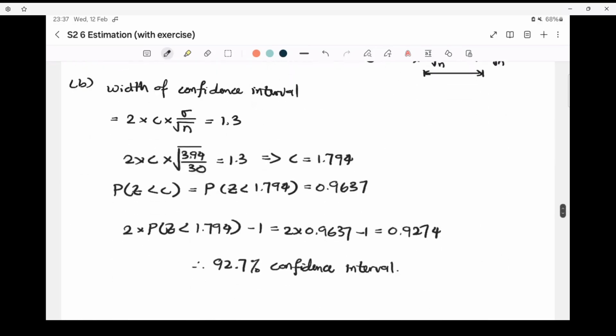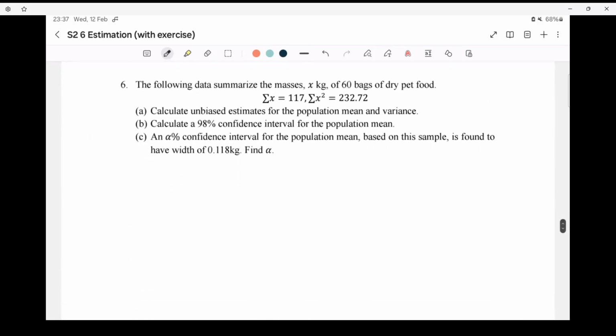So let's look at another similar question. Question 6. You are given the following data. Calculate the unbiased estimate of population mean and variance. So for X bar, this will be 117 divided by 60, which is 1.95.